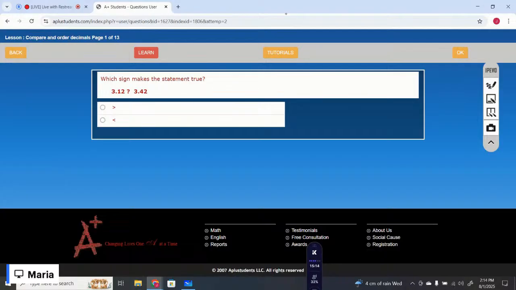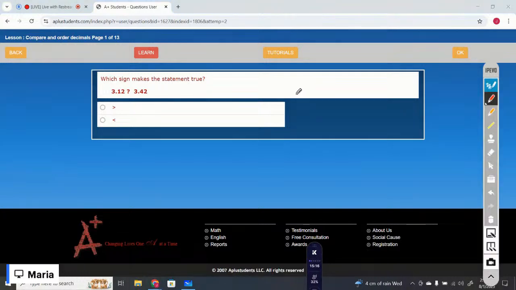Which sign makes the statement true? So ones, tenths, hundredths. So that is 3.12 and 3.42. So the ones digit is exactly the same.